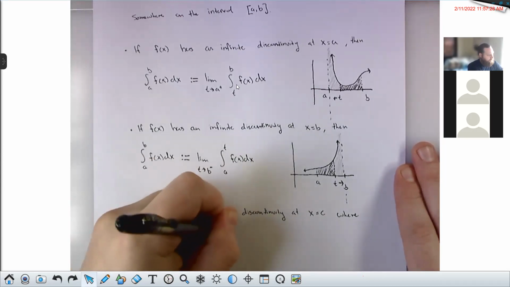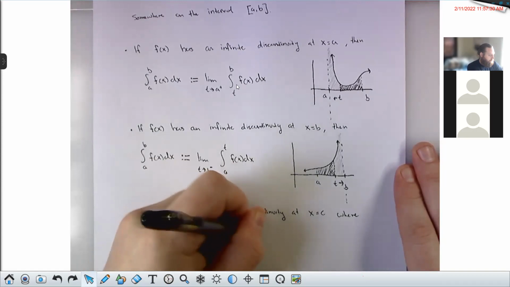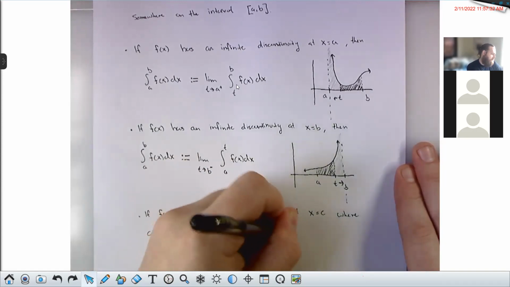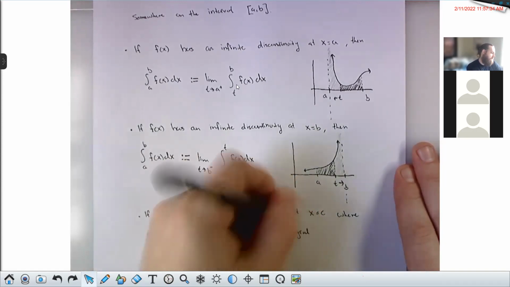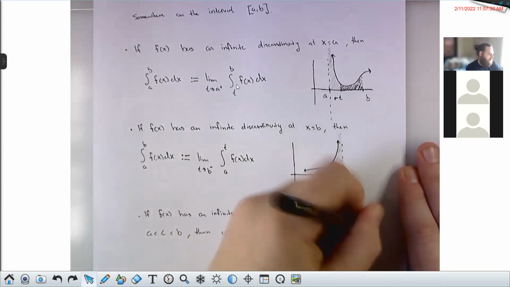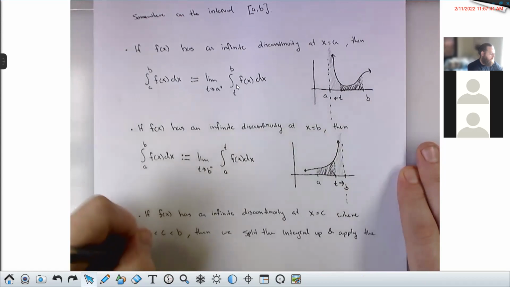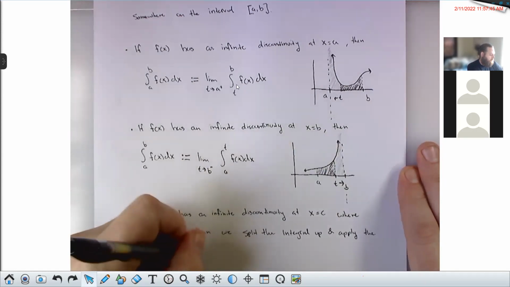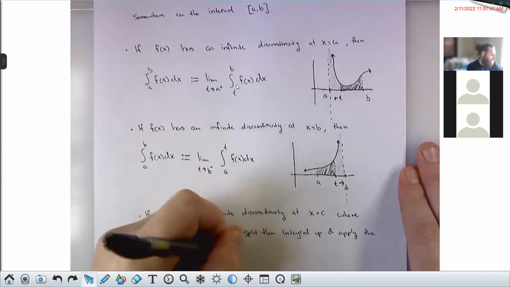then we split the integral up and apply the techniques above to both pieces.